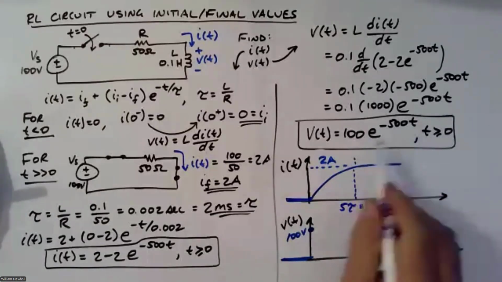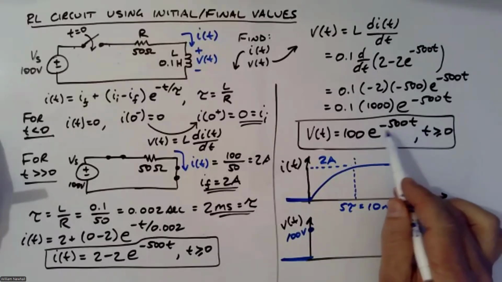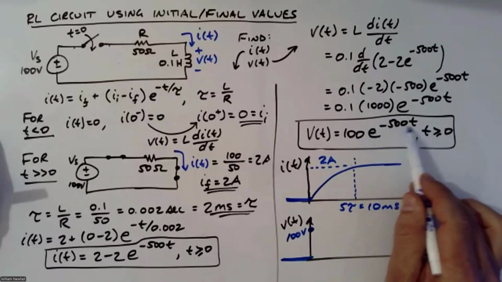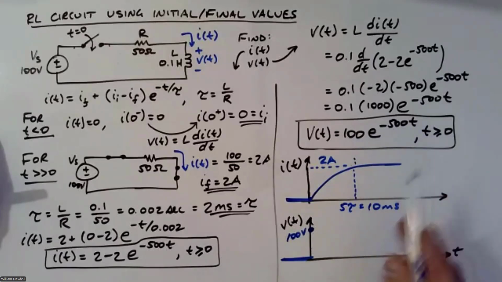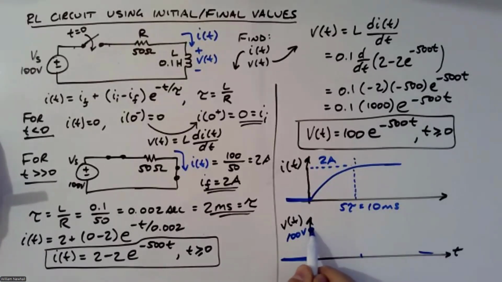And then if I go off to infinity, e to the minus 500 times something big becomes 0. This converges down to 0, right? So if I can get my time constants right here, you're going to see this behavior, something like that. That's what the voltage is going to do.